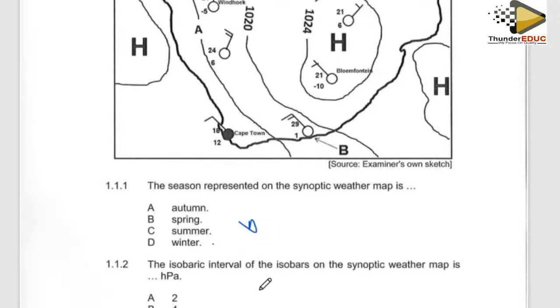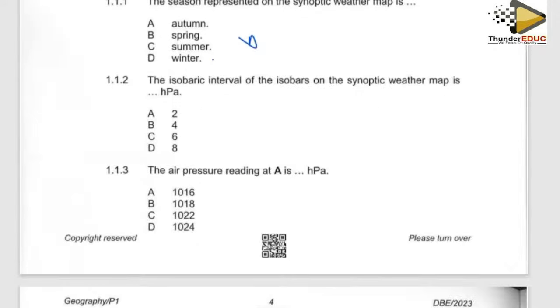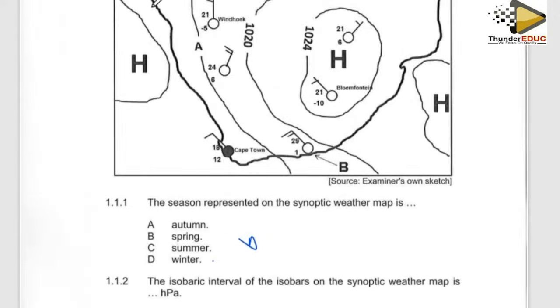We go down to 1.2. The isobaric interval of the isobars on the synoptic weather map is, in hectopascal. We are looking at these isobars. This one is a high pressure, and this is 1024. This is 1020.